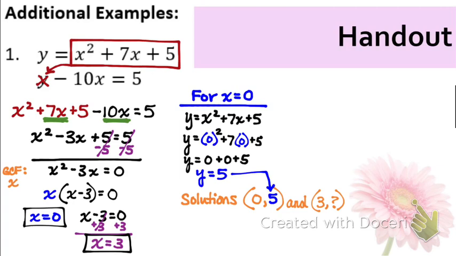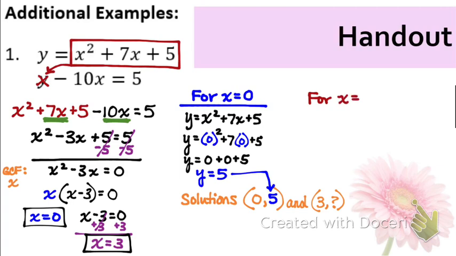There's my empty table. How do I find my other missing y? Same exact thing again.